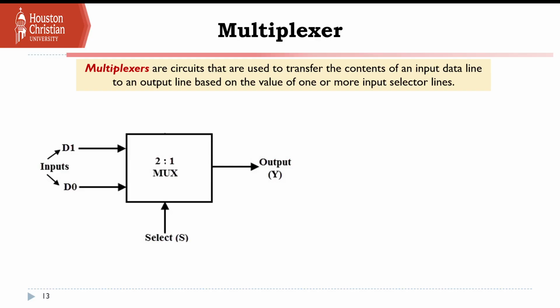You have 2 inputs over here and 1 selector line.